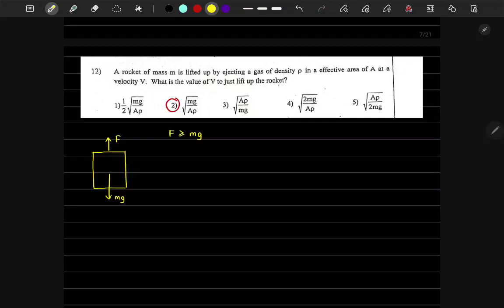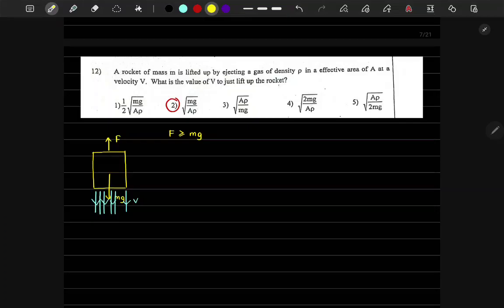So at that instance, if the gas which is released has a velocity v, how can we do this?